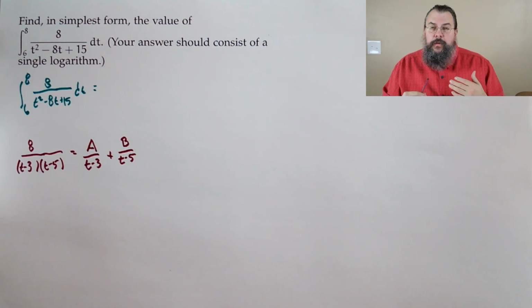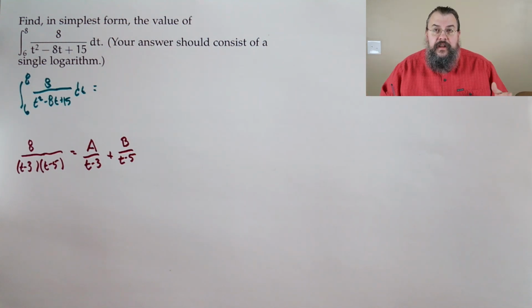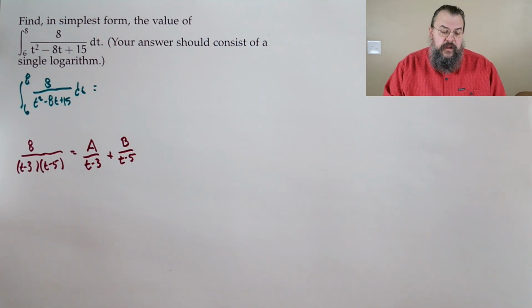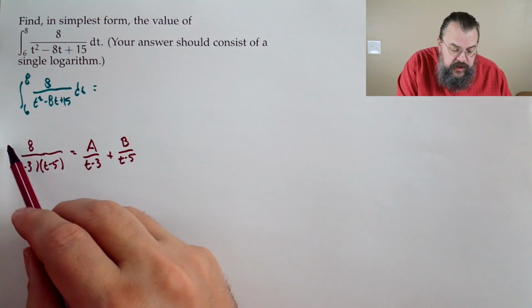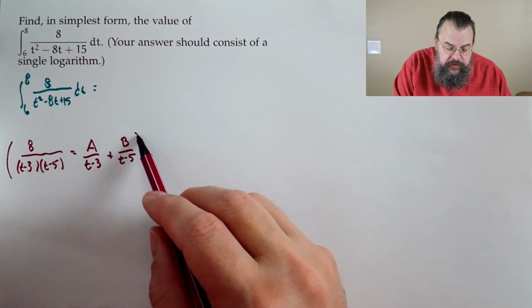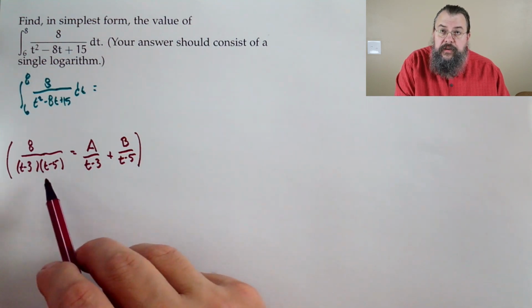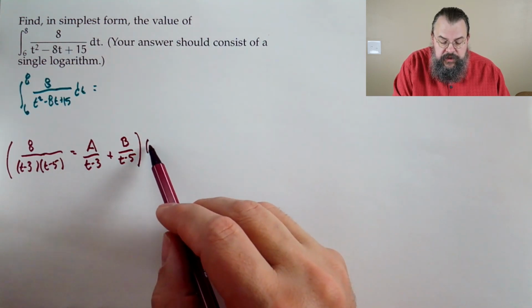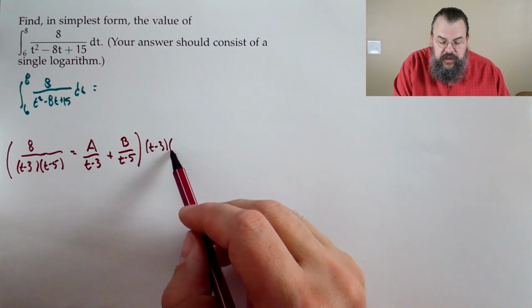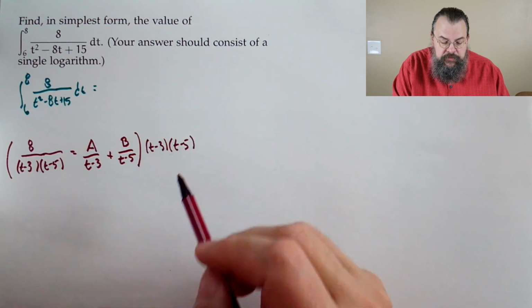So the way we can do that is to say, all right, clear your denominators. And the way we'd clear our denominators is to multiply everything by enough to get rid of that denominator on our original side. So multiply everything by t minus 3 times t minus 5.